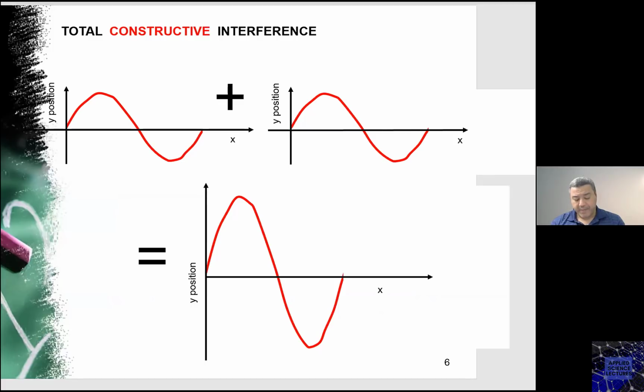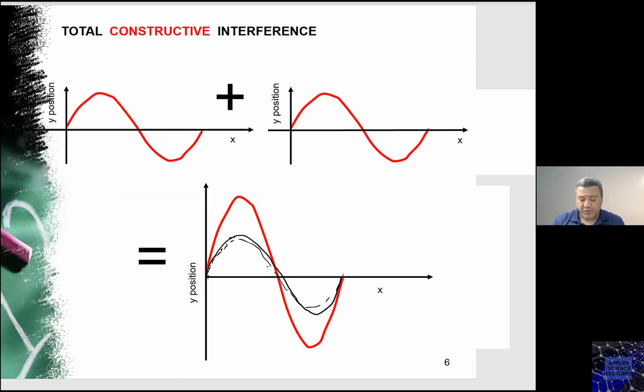So when we have two signals in phase, or what we call completely overlapping, we have constructive interference. Those two signals, when I add them, one of them is like this, and the other one is also right on it.